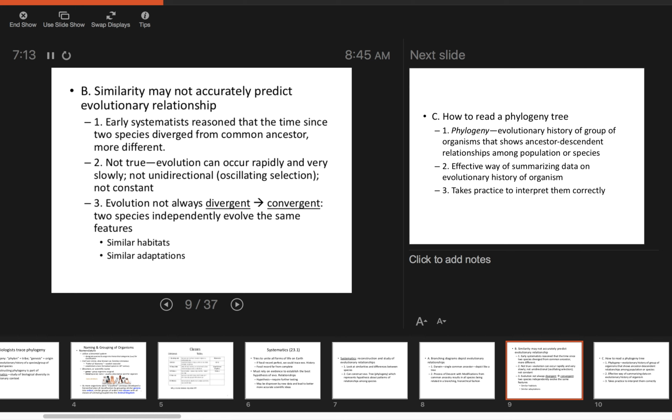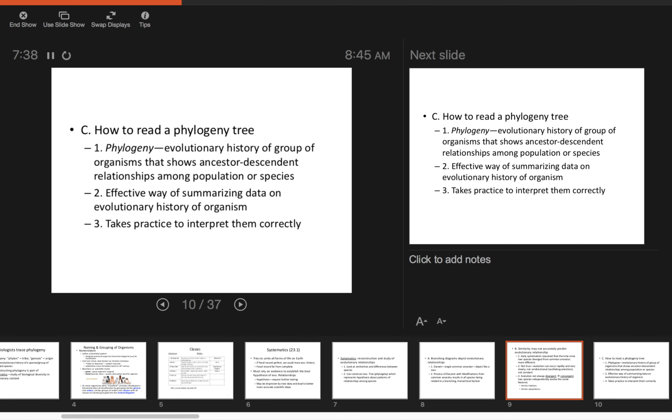We know that evolution can be rapid, could be oscillating back and forth. It's not always constant. Left jaw versus right jaw. Black moths versus white moths. It's not always divergent. We talked a little bit about convergence, where 2 species independently evolve the same features due to maybe similar habitats they live in and similar adaptations that allow them to thrive in those habitats.